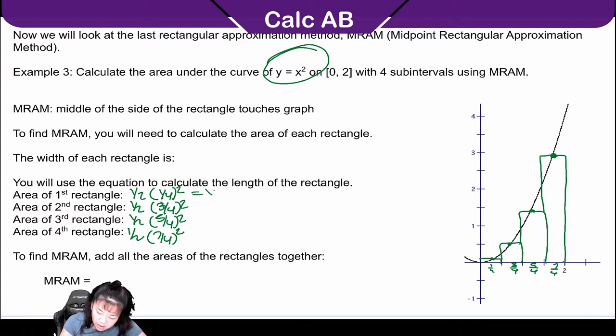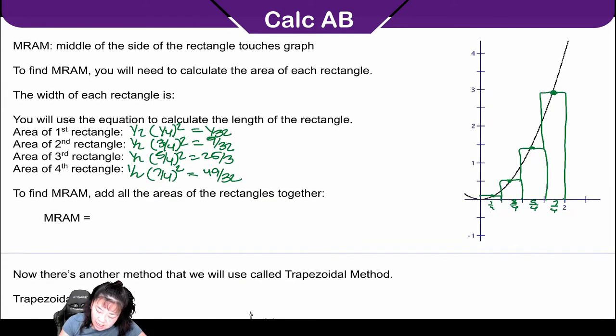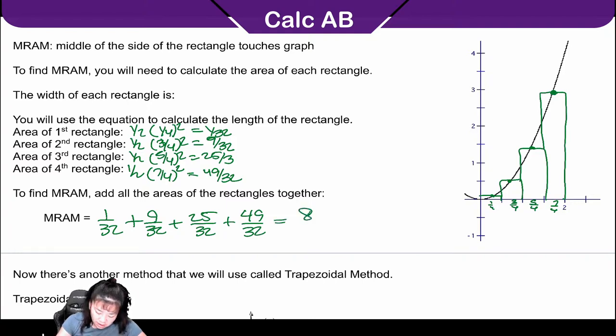So when I multiply this out, I get 1/32, 9/32, 25/32, and 49 over 32. And when I add them all together, I'm going to get 84 over 32, which reduces to 21 over 8.